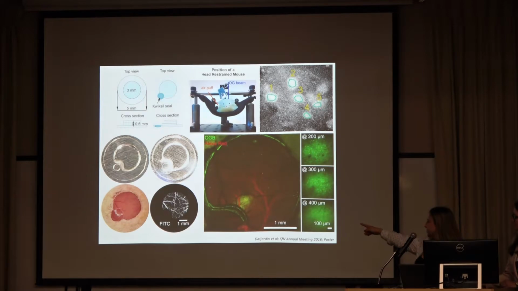This picture is taken several weeks after the implantation. It's still looking good and doesn't have any regrowth, because these plaques put a little pressure on top of the dura, so there is no gap and the immune reaction is minimized. Here we injected OGB and made some measurements. You can see the cells that are filled with OGB.